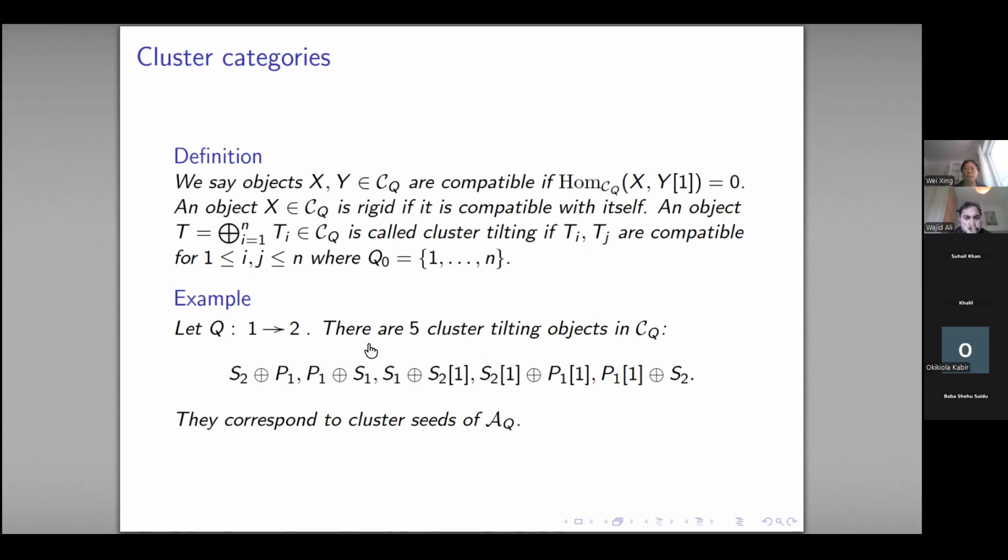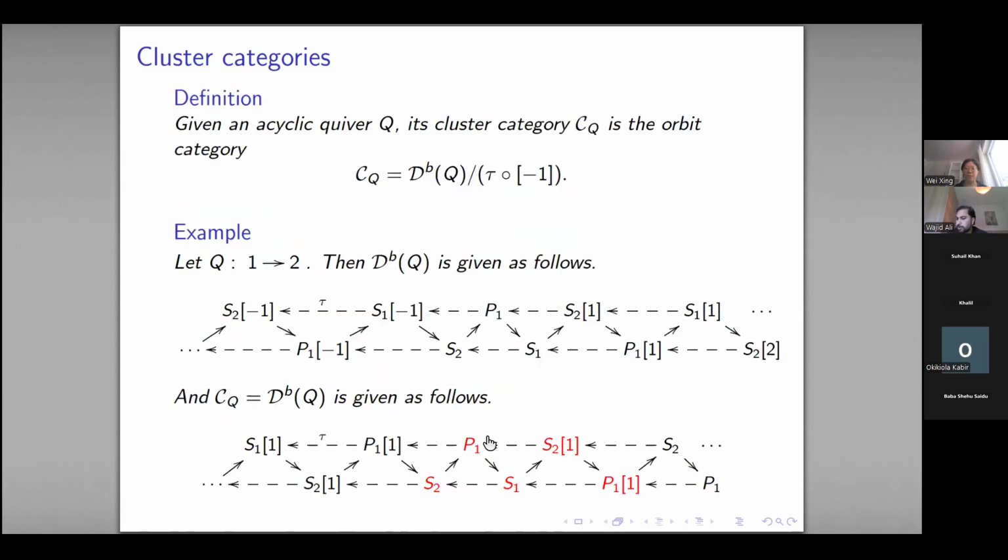And so you can imagine that, okay, maybe let's look at the example first. It goes more and more complicated. So we take the same quiver Q from 1 to 2. And in this case, there are only 5 cluster tilting objects in the cluster category. If we go back to this picture, one of the cluster tilting objects is given by the direct sum of these two objects, S2 and P1.